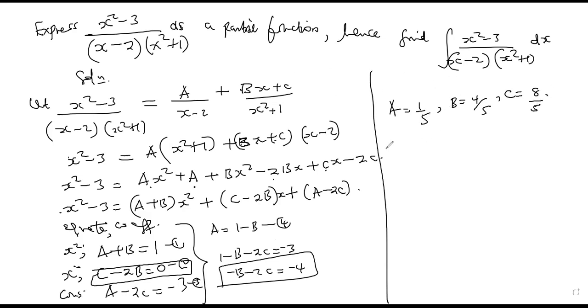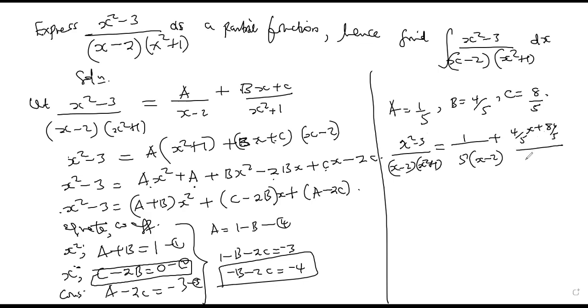So that your whole function, x squared minus 3 over x minus 2 times x squared plus 1, is equal to a, the value of a being 1 over 5, into x minus 2, plus bx, which is 4 over 5 x, then plus c, which is 8 over 5.